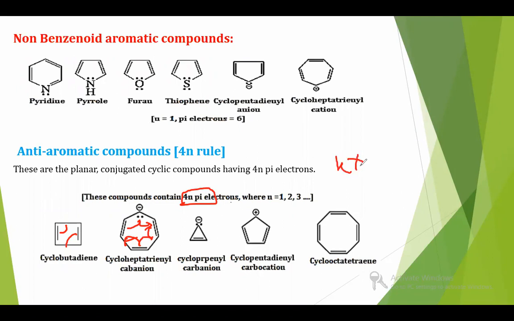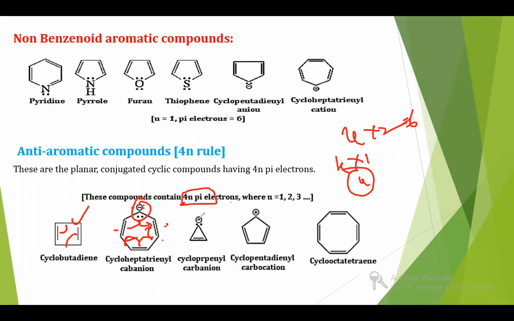So 4 into 1 is equal to 4. Here in cyclopentadiene, 4 electrons, 4 into 2 is 8... 2, 4, 6. And the pair of electrons on the negative charge also follows the conjugated system.